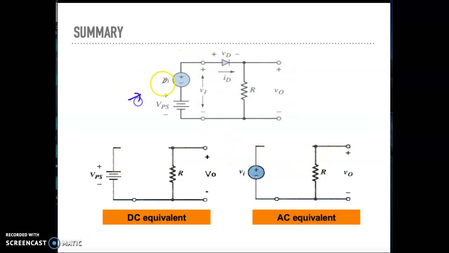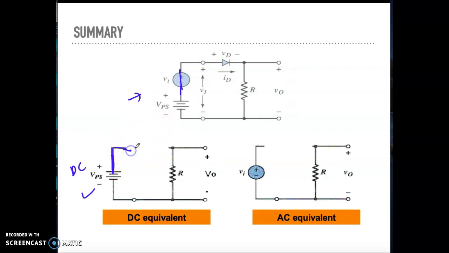So the original circuit has two sources. When you know that you have multiple sources, you need to use superposition, where you turn off one at a time. Okay. So let's say we make V_PS, the DC supply, active. What will happen to v_i? It will be off, meaning shorted. Now in your diode, you replace it depending on the question.